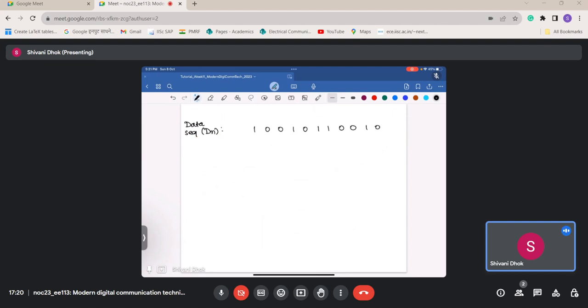So this is your data sequence. So let me just draw a line also between these so that these are distinguishable. So let me just separate them with this line for our better understanding.